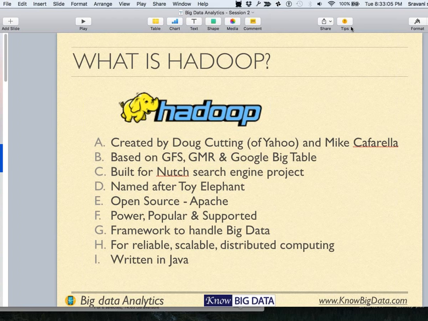But Hadoop happened. Hadoop was named after the toy elephant of Doug Cutting's son, and it was made open source. The biggest reason why Hadoop is popular is because it was open source. Otherwise, nobody would have known what exactly Hadoop is. As of today, it's very powerful, very popular, and well supported.